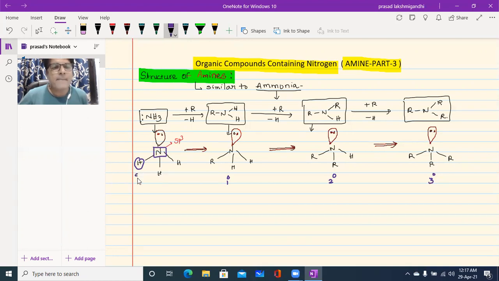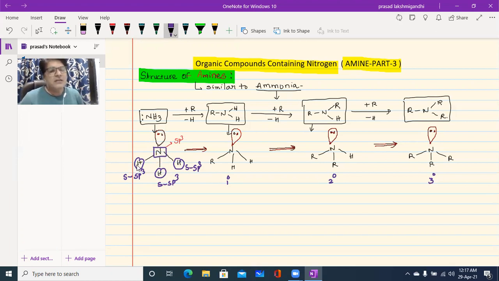And this is another sp3 hybrid orbital, meaning the s orbital of the hydrogen atom overlaps with the sp3 hybrid orbital of the nitrogen atom, and the s orbital of this hydrogen atom overlaps with the sp3 hybrid orbital of the nitrogen atom.